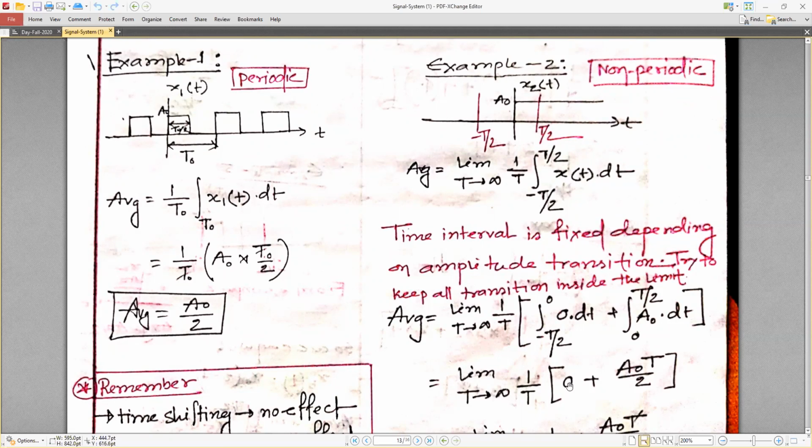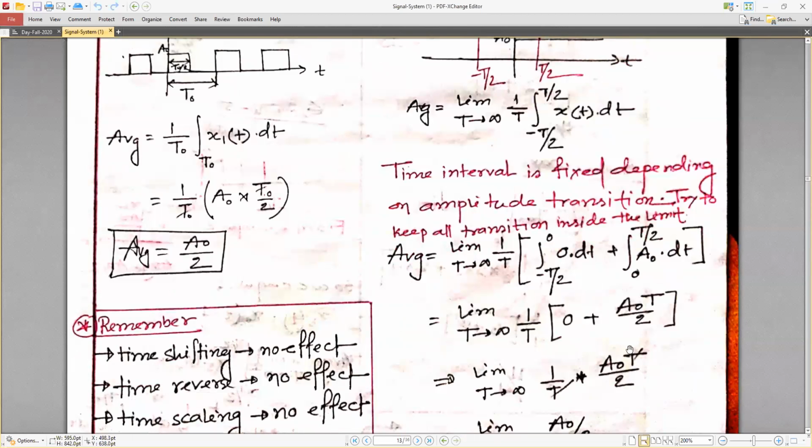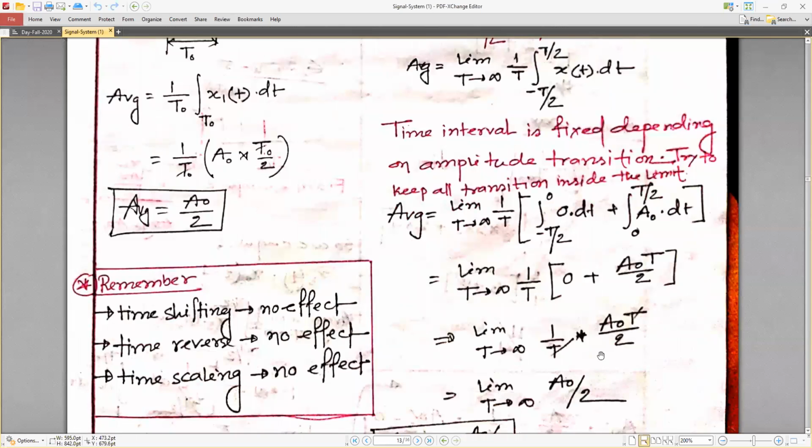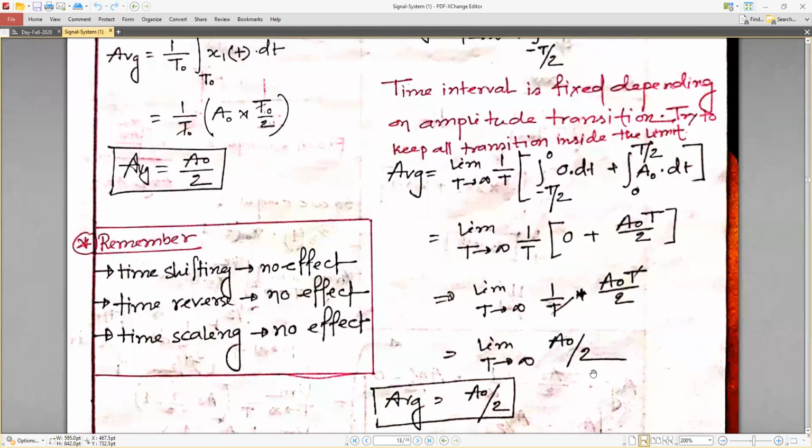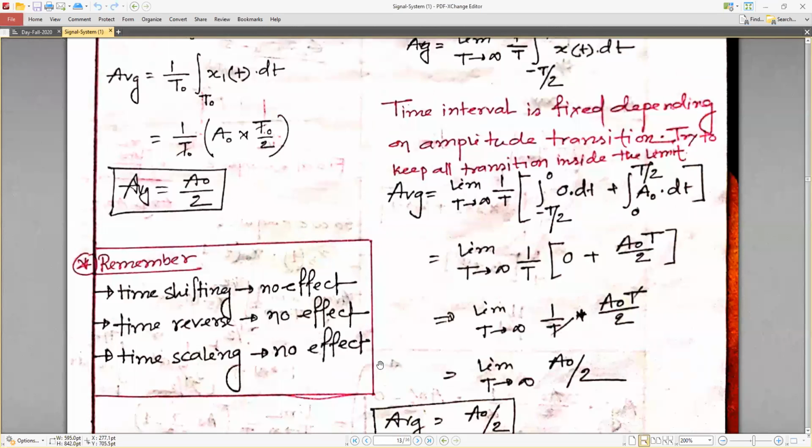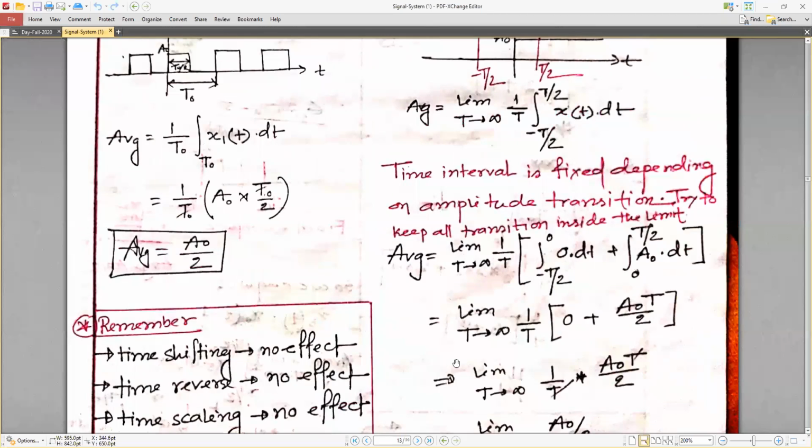So if it is 0, then the total thing would be 0. And here the value is t by 2 minus 0. So it would be a naught t divided by 2. Now t tends to infinity. Now multiply it, then it would be a naught by 2. So average value a naught by 2.